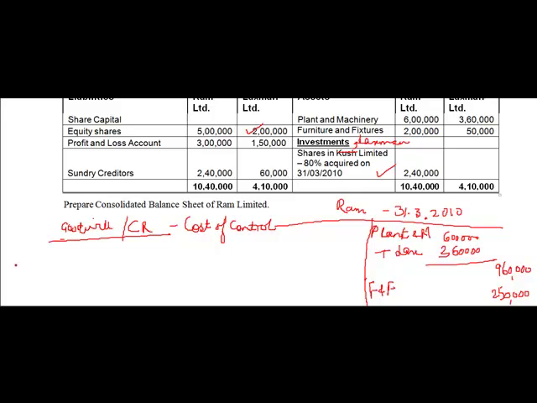Normally, when the holding company, in this case Ram Limited, acquires a controlling stake in the other subsidiary, the net asset value that it gets, suppose आपकी net asset value Lakshman Limited की थी 5 लाख रुपए, मैंने एक्वायर किया 80%. अगर 80% एक्वायर किया तो उसके लिए नॉर्मली मुझे पे करना था 4 लाख रुपए, लेकिन अगर मैंने 4 लाख से कुछ भी ज्यादा पे किया है, then that is the goodwill which I have given, or rather the cost which I have paid to acquire control of that company, and this is normally referred to as cost of control.